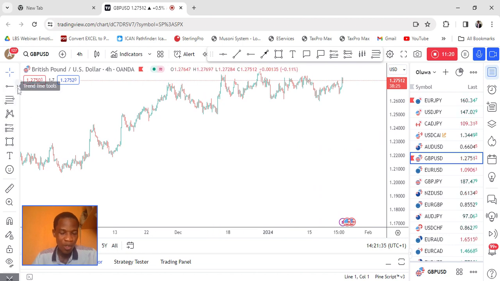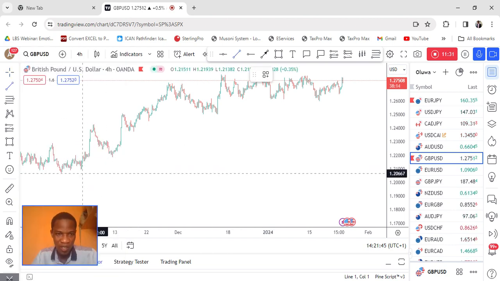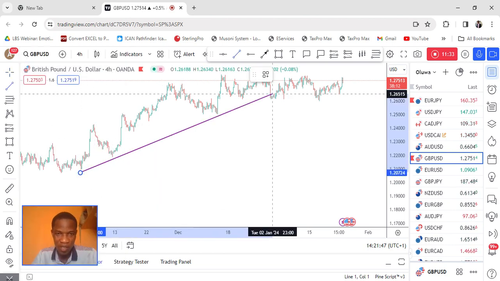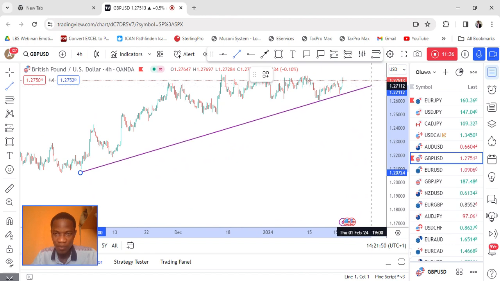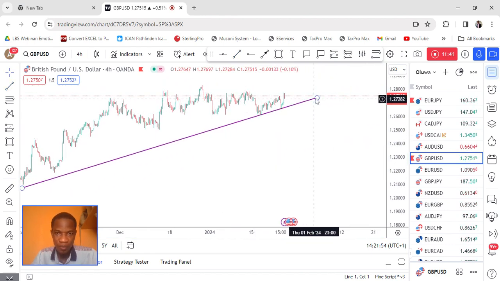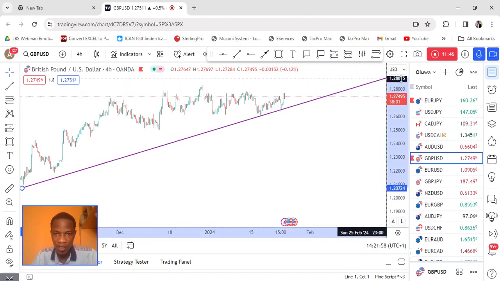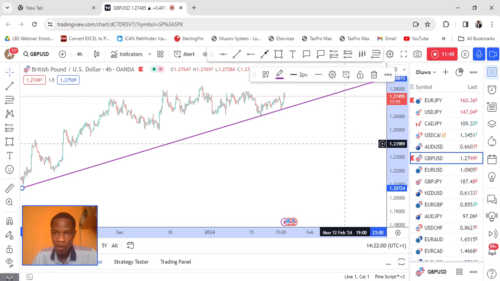I told you before, for you to spot where there's going to be a high probability of a breakout, you first of all identify the trend. So this is the trend, and you can see that the market is in an uptrend.